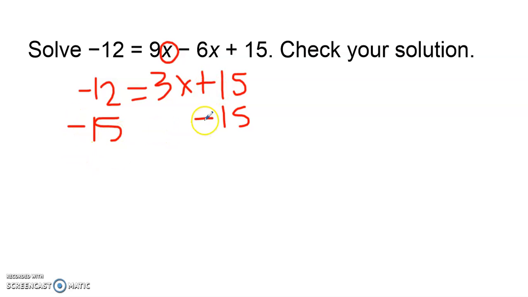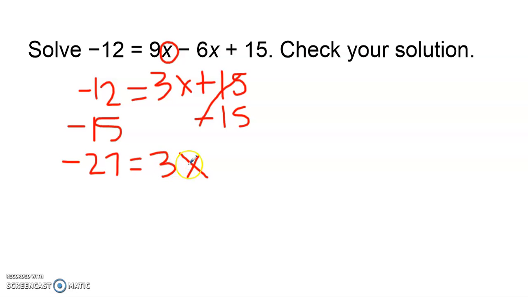And subtracting is the opposite of addition here, which will undo that. So a negative 12 minus 15 here will leave us with a negative 27, and that will cancel each other out, and we'll bring down the 3x.